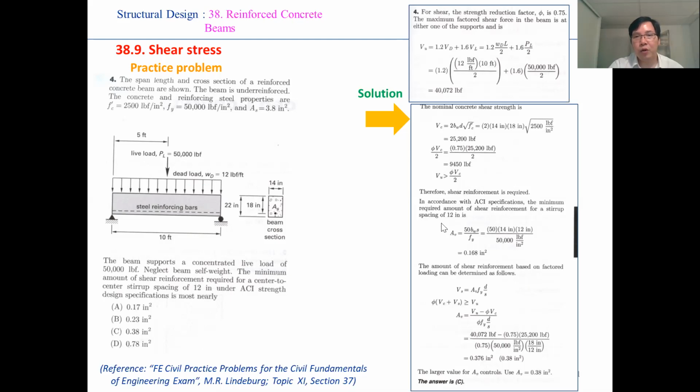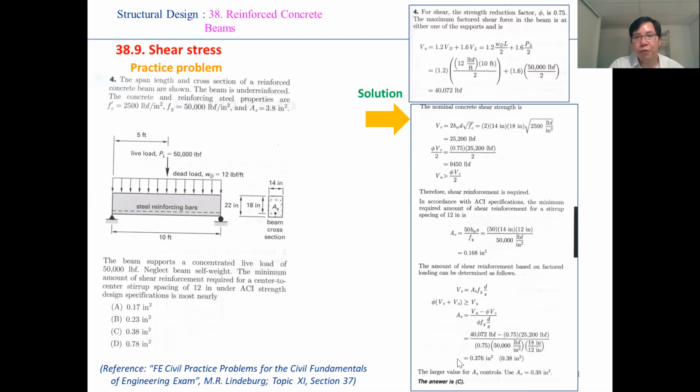And after you calculate Av by this equation, and from this one you can calculate the amount of shear reinforcement based on factored loading by this equation, and finally you can find the value of Av.